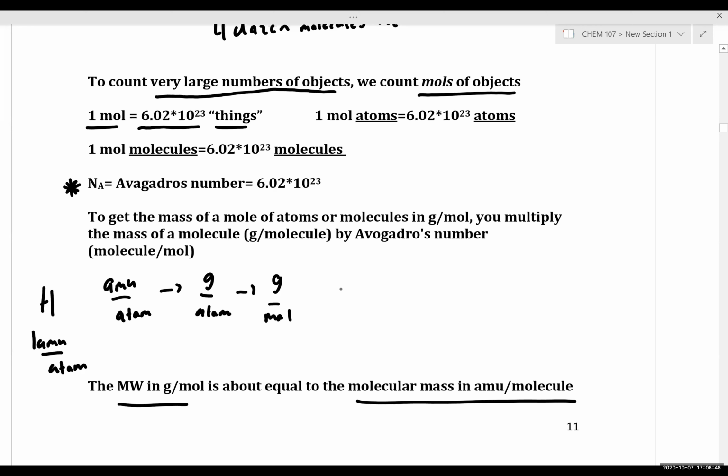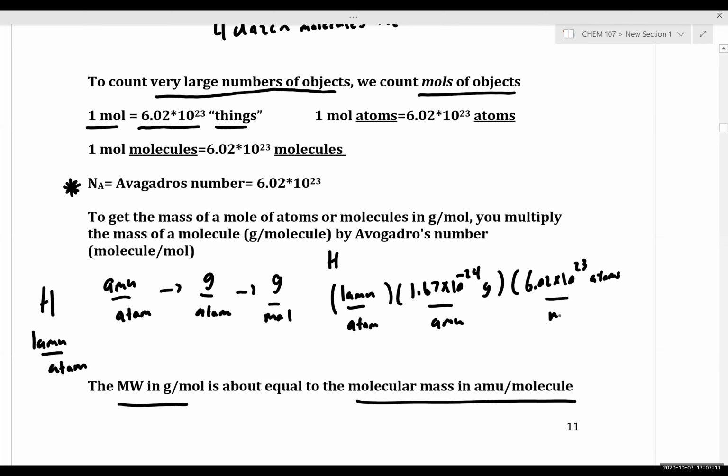So let's show that. So for hydrogen, for example, if it's 1 AMU per atom, we know that there are 1.67 times 10 to the negative 24th gram per AMU. And we know that we have 6.02 times 10 to the 23rd atoms per mole. And if we punch this into our calculator, we get about 1 gram per mole of hydrogen atoms.